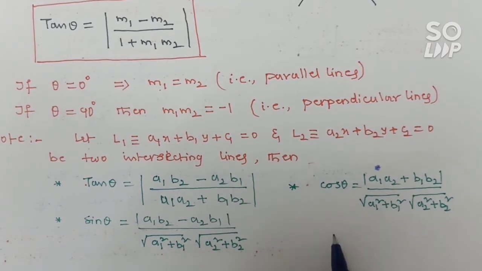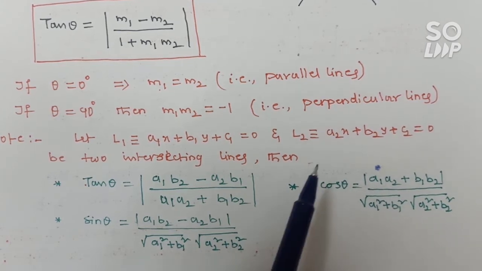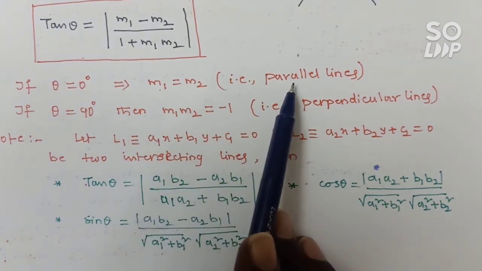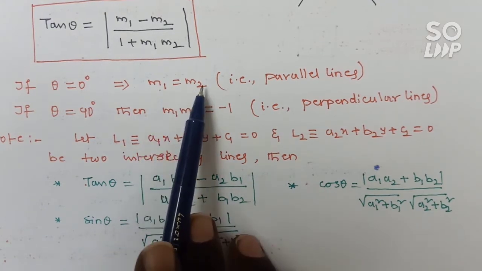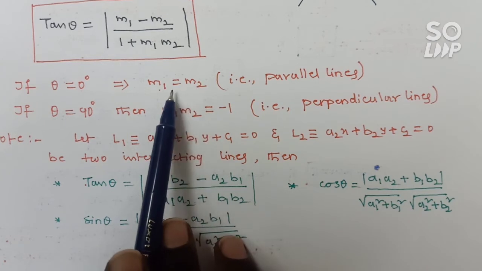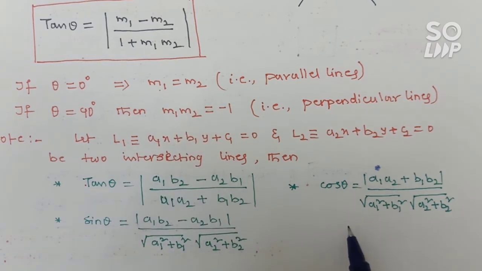Similarly, you can write the condition for parallel lines. According to the above condition, for parallel lines the slopes are equal, so we can write that in terms of the coefficients.